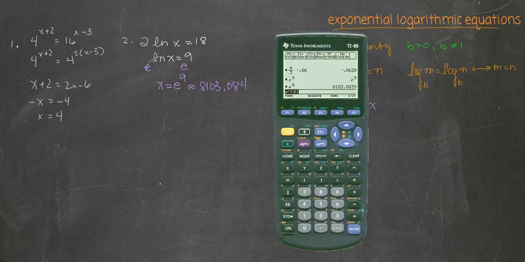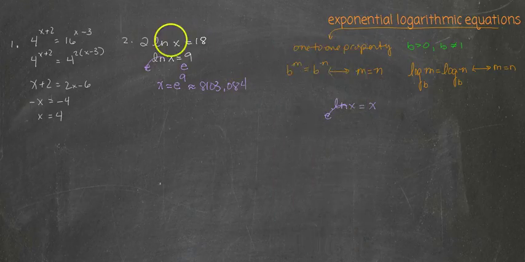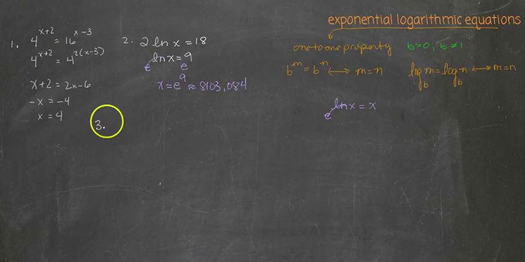Couldn't have been easier than that. Even though when we first looked at it, we might have thought, oh, that's going to be way too hard to solve. But bearing in mind all the different properties we have to work with, we're just looking for the simplest way to get our value of x out of whatever equation we're looking at. Let's do another one, number 3.